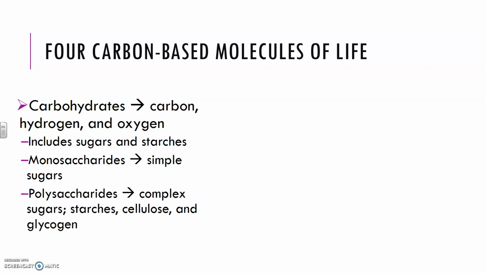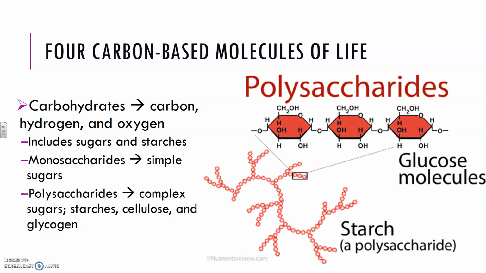So you've got a couple different examples here. You have starches, cellulose, and glycogen. So this is starch. You can see that starch itself is actually a very branched molecule. This is similar to the carbon branch chains that we looked at, except this is branching with the entire molecule itself.